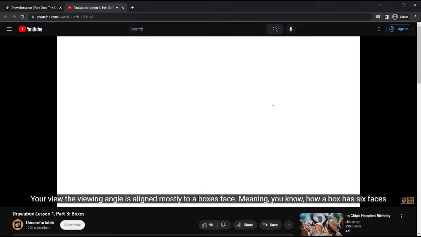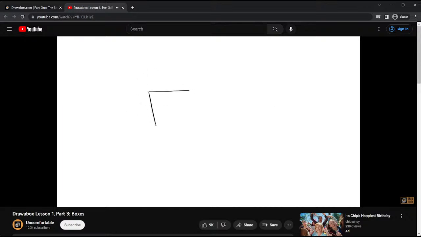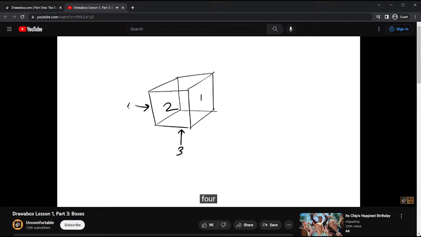Now, if your viewing angle is aligned mostly to a box's face, meaning you know how a box has 6 faces, 1, 2, 3, 4, 5, 6.